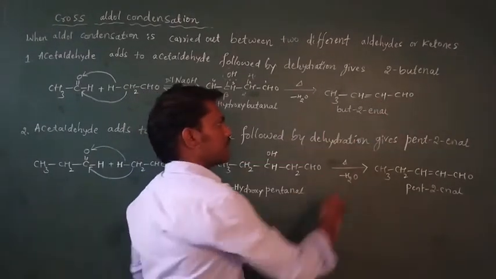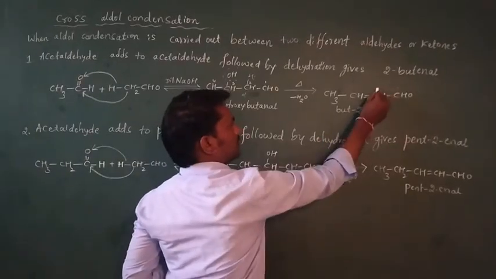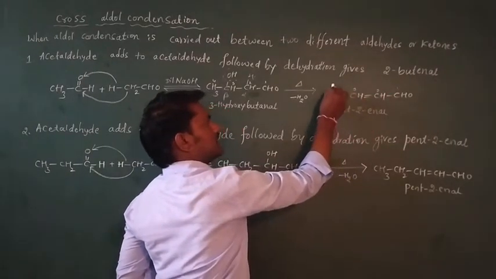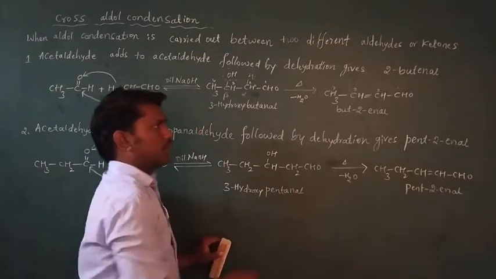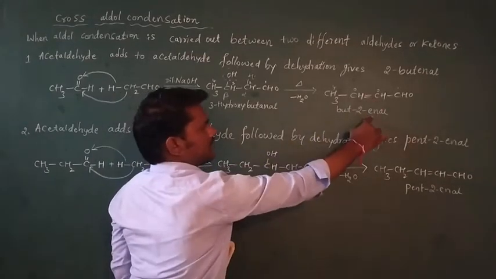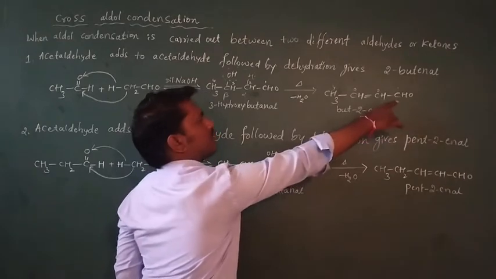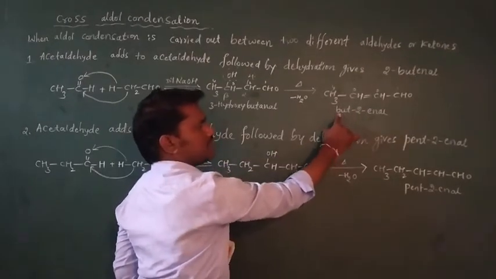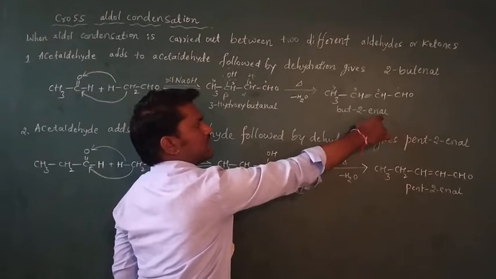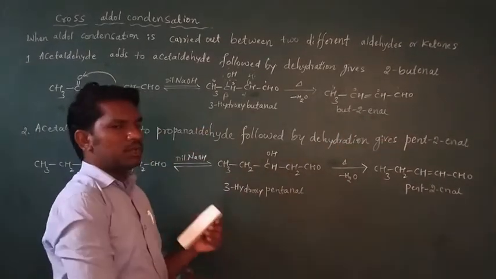The name is 2-butenal: carbon number 1, 2, 3 and 4, the second carbon contains the double bond, en indicates unsaturation, and but for 4 carbons, so but-2-enal.